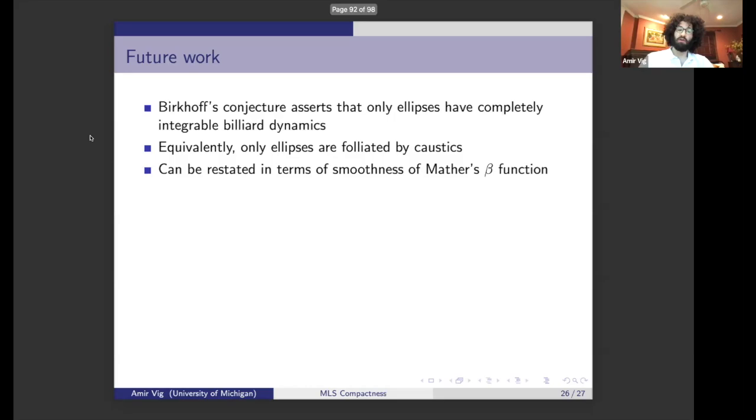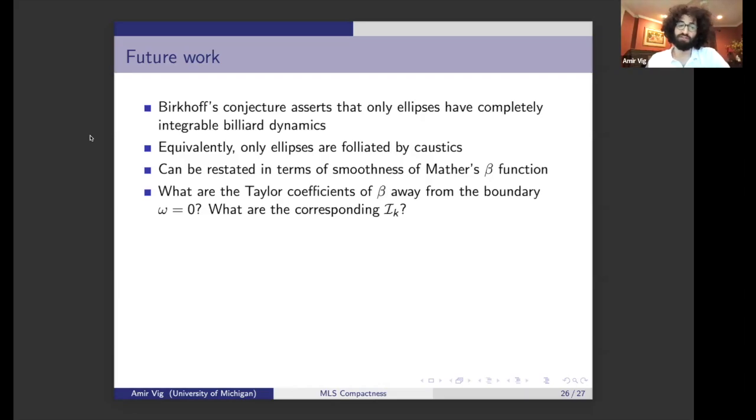Now if you remember that stuff about Mather's beta function, we said that the beta function was differentiable at a rational number if and only if there exists a caustic of that rotation number. So you can rephrase Birkhoff's conjecture as saying only ellipses have smooth beta functions. Everywhere else, your beta function is not smooth, it's singular. So since we're studying those invariants, the end goal is to use them in Birkhoff's conjecture, or at least in approaching it.